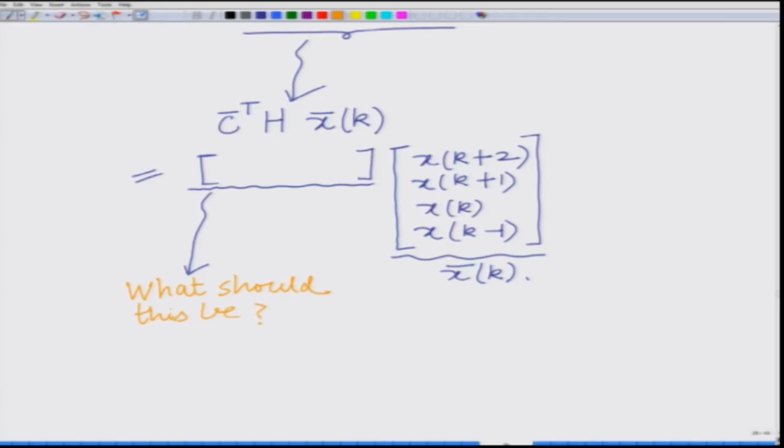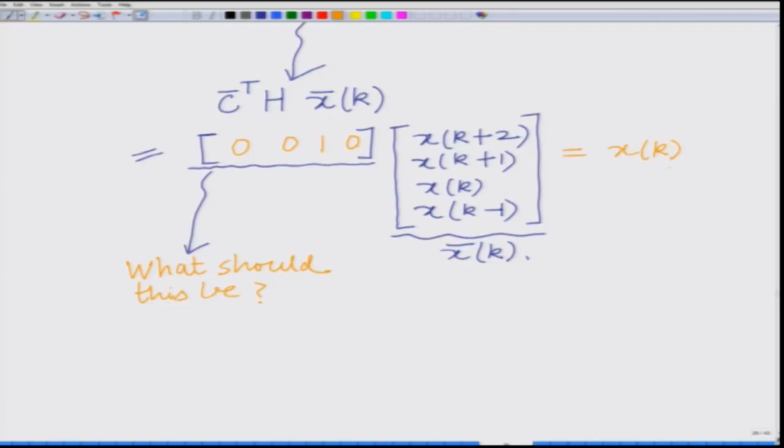Ideally, this row vector should be 0, 0, 1, 0, so that when I multiply this row vector by x bar of k, I get 0 times x k plus 2 plus 0 times x k plus 1 plus 1 times x k plus 0 times x k minus 1, which is x of k.